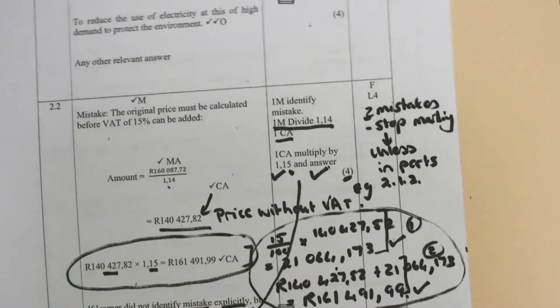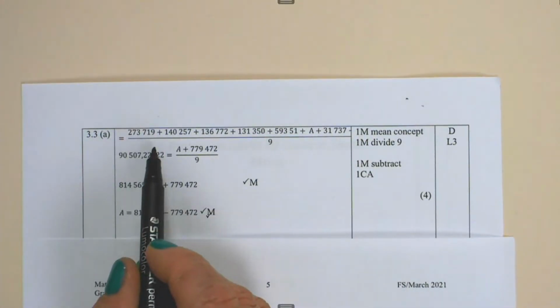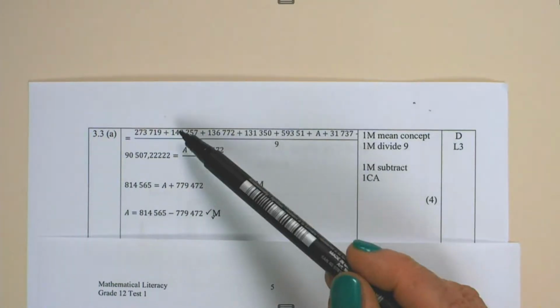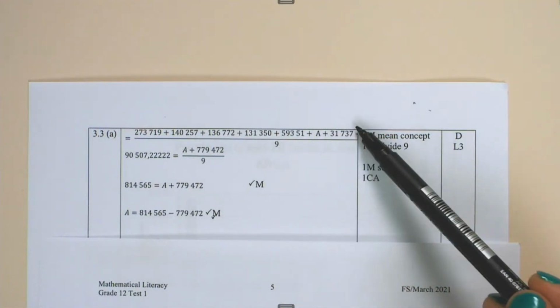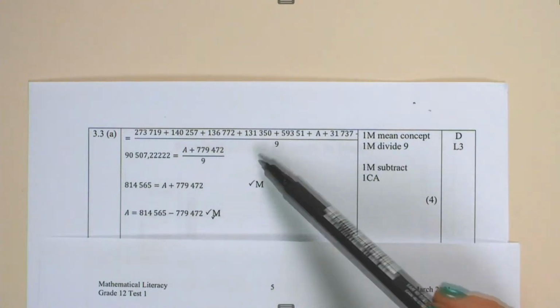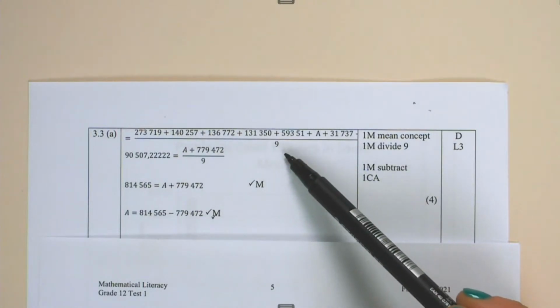The memo here suggests that we say, let's add all the values, starting with 273,719 plus this, plus this, plus this, plus this, plus A, plus this, and we will then divide by 9.